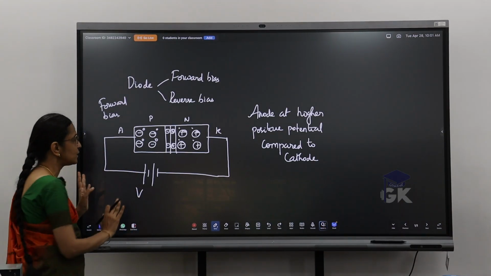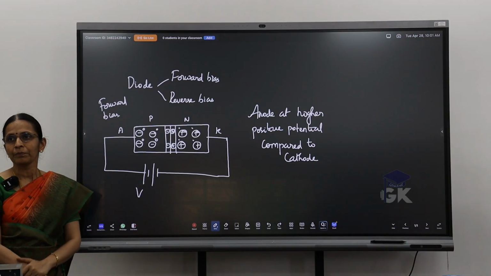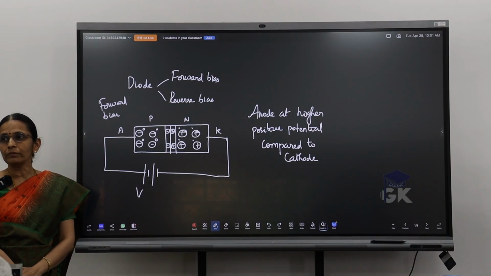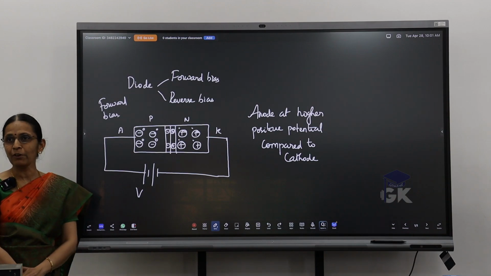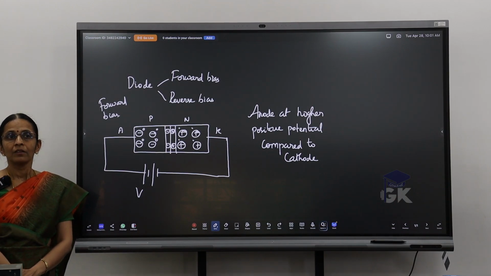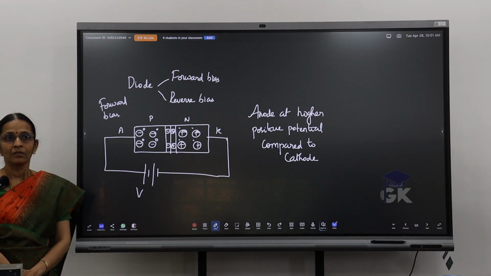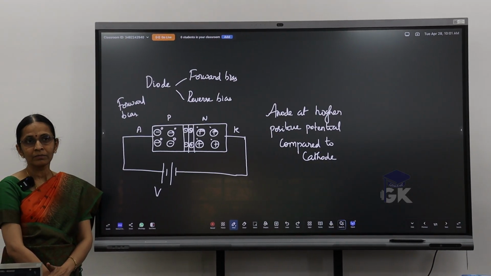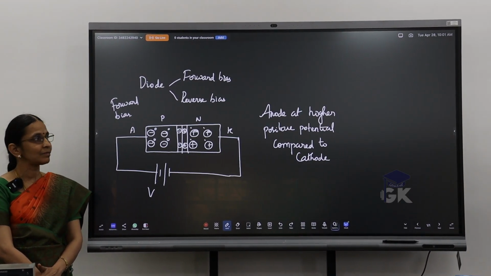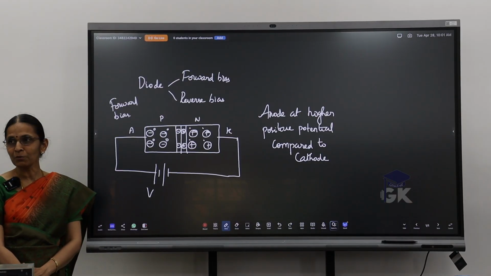Now we have given the bias to this. So what's going to happen now? Electrons will start moving. Electrons will start moving from where to where? Anode to cathode? First, positive to anode? No, electrons will start moving from where to where?